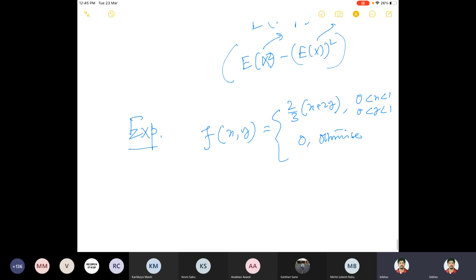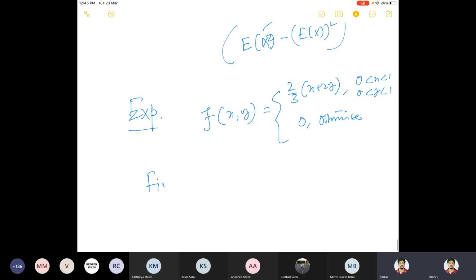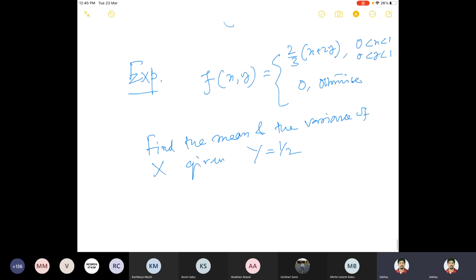And suppose you want to find the mean and the variance of x given some relation of y, let's say y equal to half.